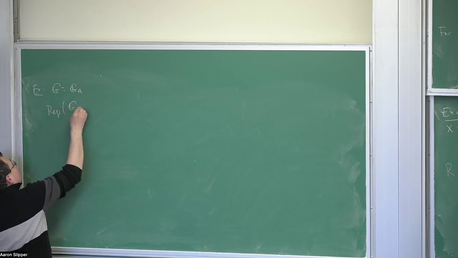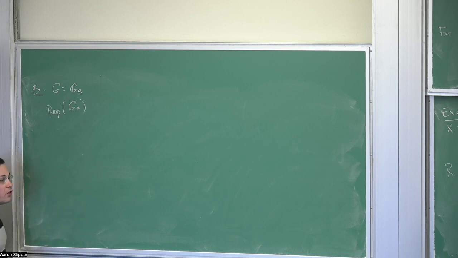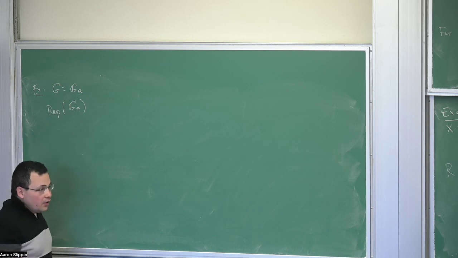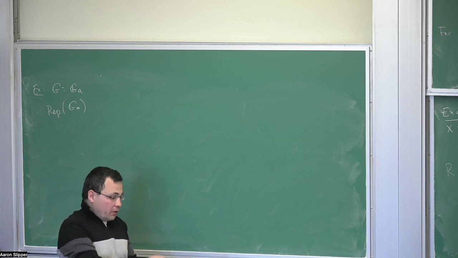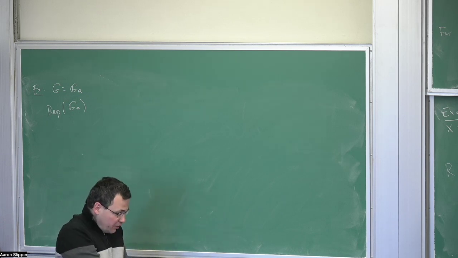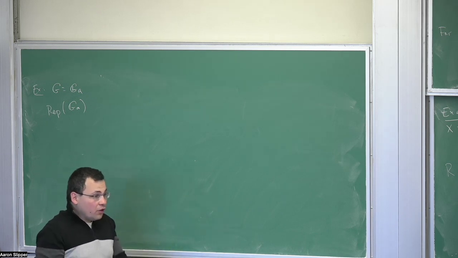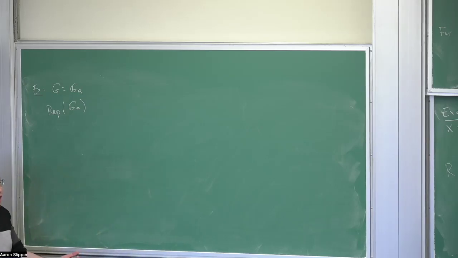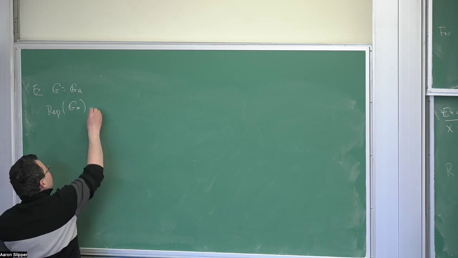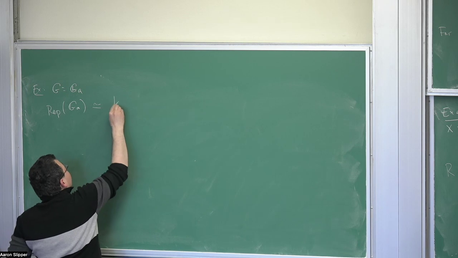The point is, there's an identification. Algebraic representations of G_a, well, there are different ways of thinking about it. In terms of basic linear algebra, there are Jordan blocks with generalized eigenvalue 1. But you can identify this with Koszul duality.